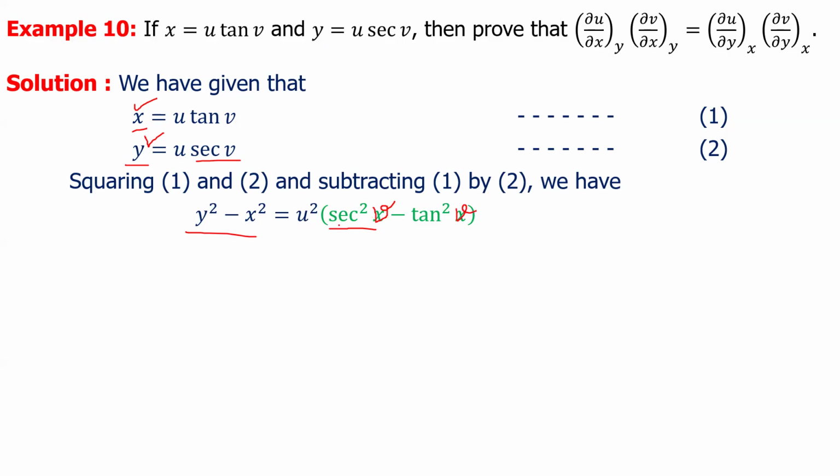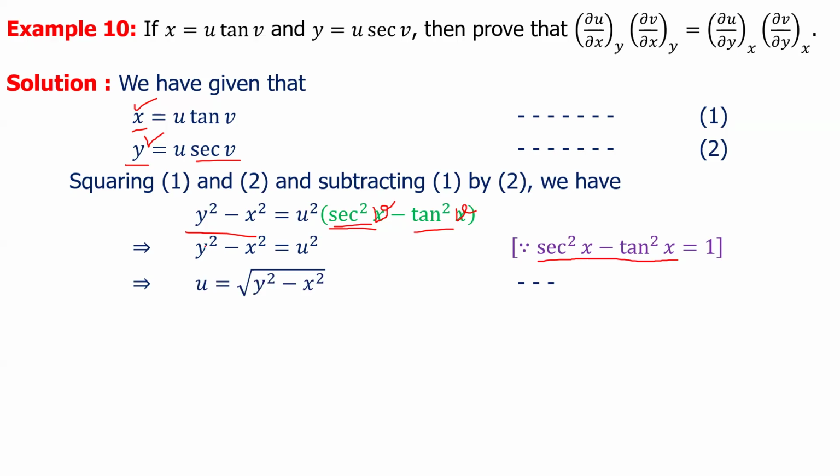So we know that sec square x minus tan square x is nothing but 1. So we are getting y square minus x square equal to u square, or we can write u is equal to root over y square minus x square. Now the value will be either plus or minus, but here we are considering the positive value. So u is equal to root over y square minus x square.